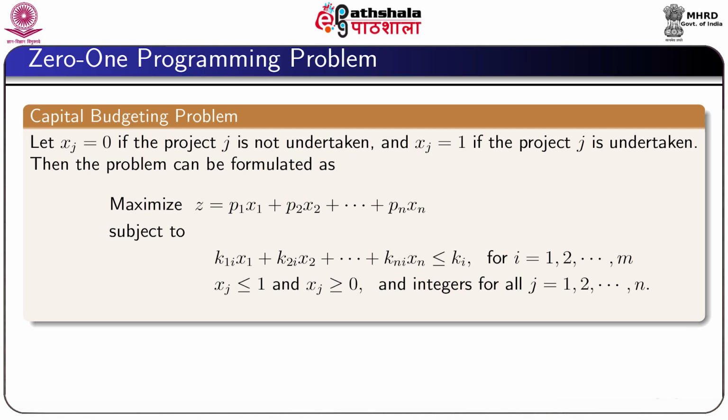To formulate this problem, let xj equal to 0 if the project j is not undertaken and xj equal to 1 if the project j is undertaken.